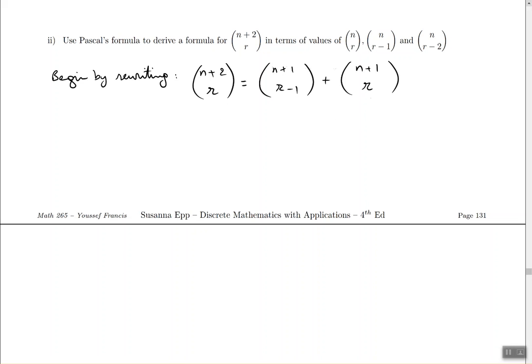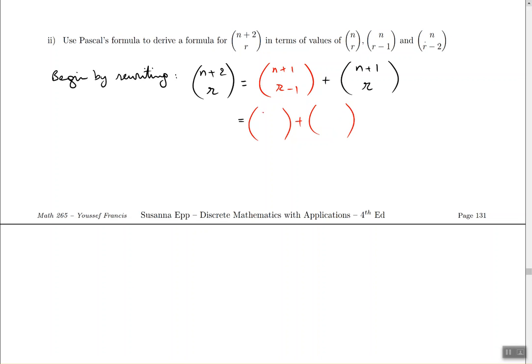That's perfect. And now I need n choose R, and n choose R minus 1, and n choose R minus 2. I don't see any of those in my breakdown. So what I'm going to do next is break each one of these down even further. Focusing on the first one, it's going to again break down into two different combos.